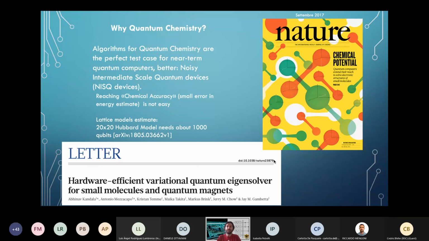So in some way, quantum chemistry, especially using this variational quantum eigensolver algorithm, is suitable for this purpose because they are quite robust to noise.